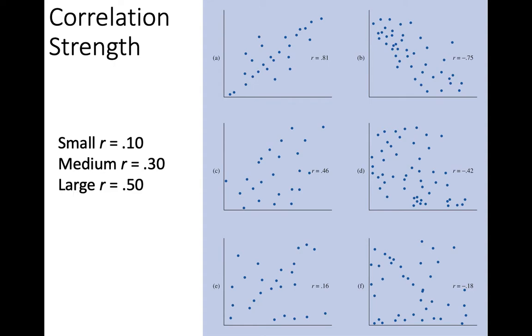Of course, you can have values in between. A value of 0.2 would be considered small to medium. A value of 0.4 would be considered medium to large. So there's a little bit of subjective judgment there, but those are generally the guidelines we use to describe whether we have a small, medium, or large correlation, indicating a small, moderate, or strong relationship between those two variables.